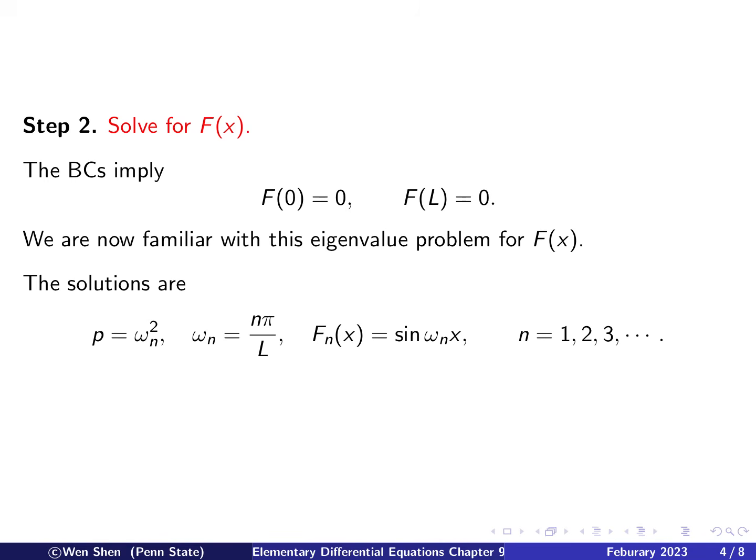The solution is, we have positive eigenvalues, and p we can write as omega_n squared. The reason we call it omega is because in the end the solution is a sine function where omega is the frequency. And then omega_n here can be written as n pi over L. And then we have f_n equal to that for n equals 1 to infinity, so there are infinitely many of them.